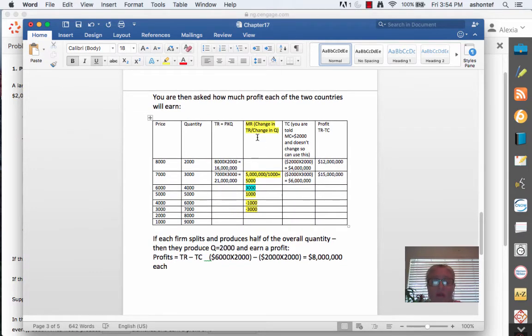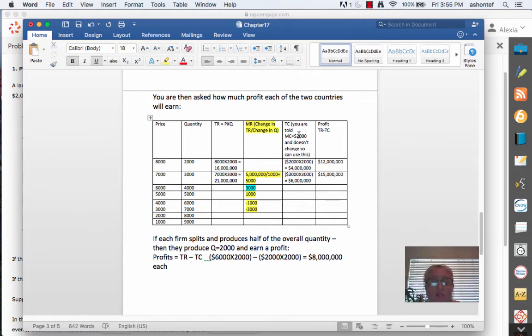You have your total revenue. We know our marginal revenue. We know where we're going to be producing. But now we need to figure out our costs and then our profits, because that's what the question's asking. At first you might think, I don't have any costs, but you actually do. At the very beginning of this question, you were told that the marginal cost for every single unit this firm produces, which again is unusual, but in this case the question is saying it's identical. It's the same. It doesn't change.